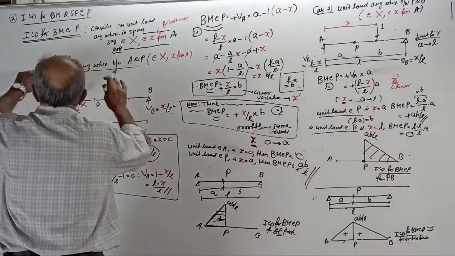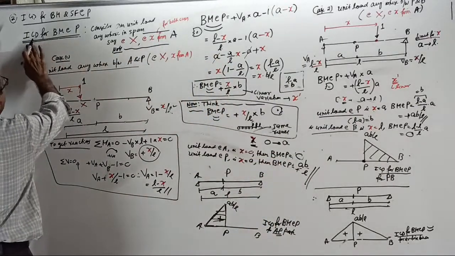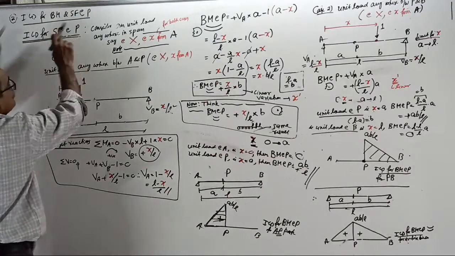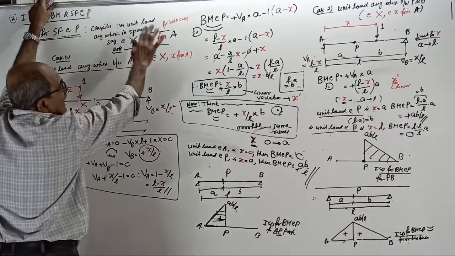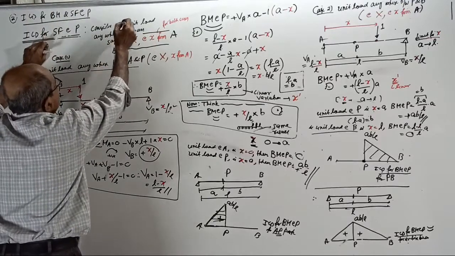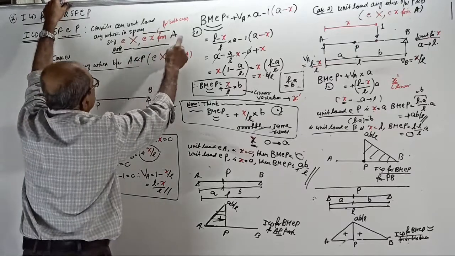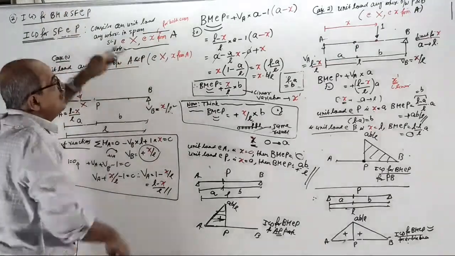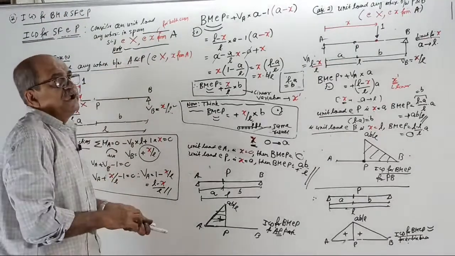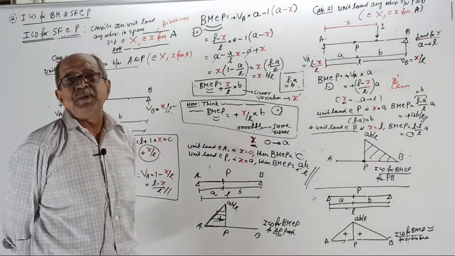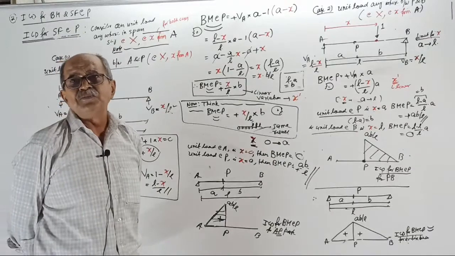Start now. Second, now go for ILD for shear force at P. Once again, same thing. Consider a unit load anywhere in the span, say at X from A. Note, you cannot place the load directly between A and B without bothering P. No, because this is not a flight journey.